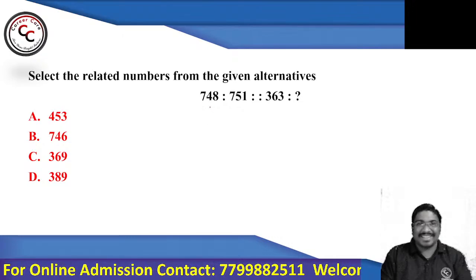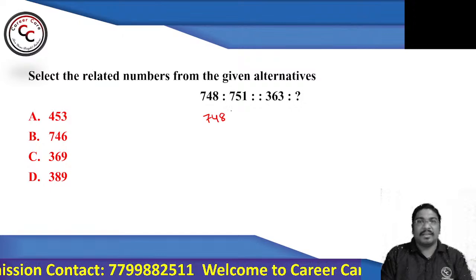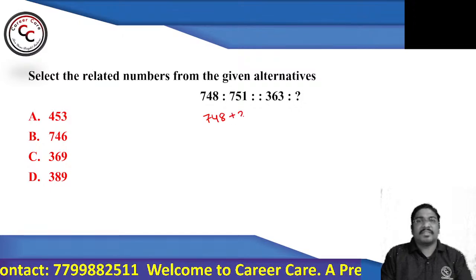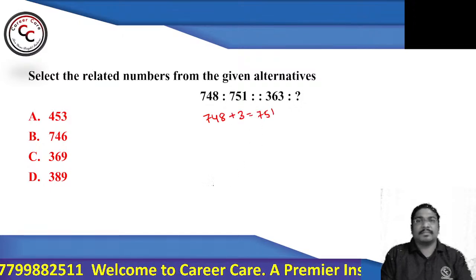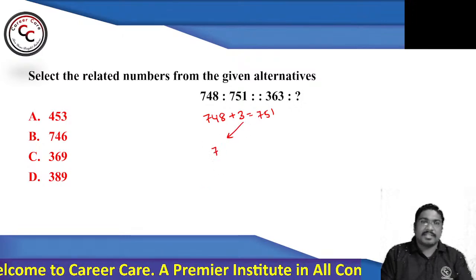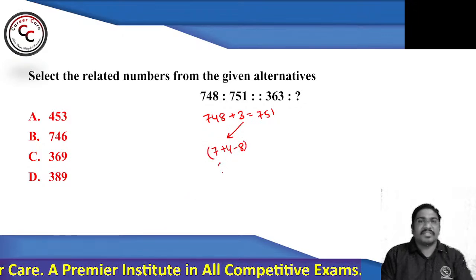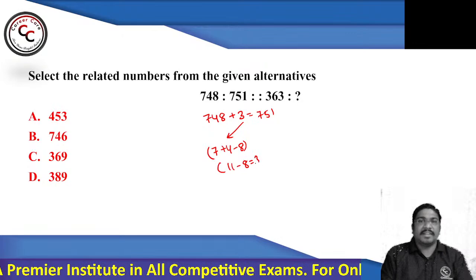369, Deepika is saying. Yeah, she has changed the answer. 748. Okay. So 748 plus 3 is 751. How has this 3 come? In 748, 7 plus 4 minus 8. So 7 plus 4 is 11, 11 minus 8 is equal to 3.